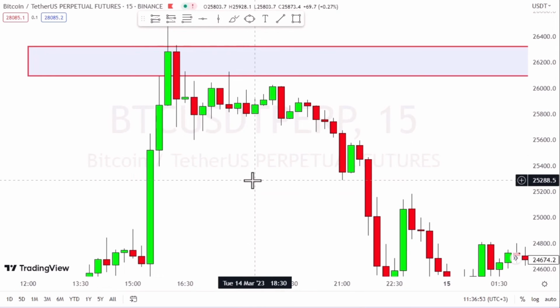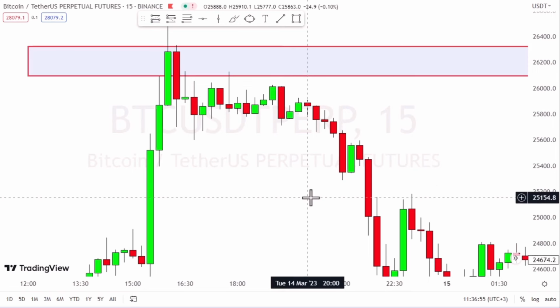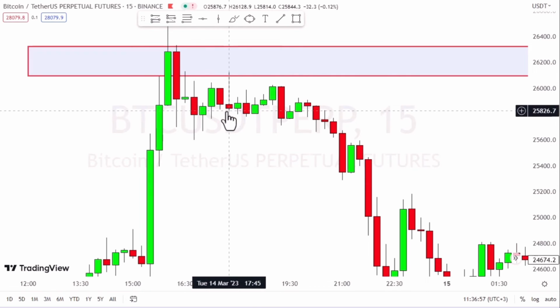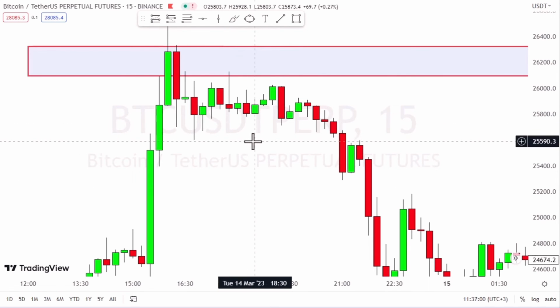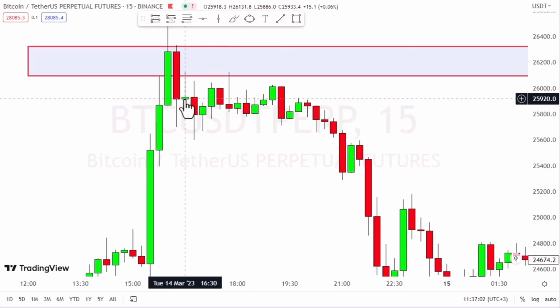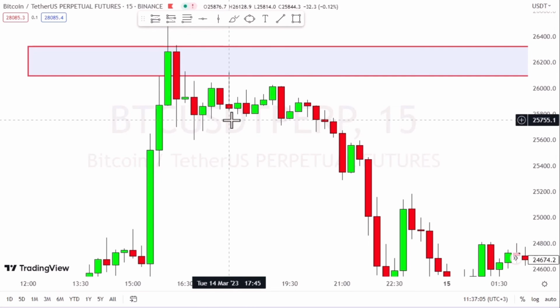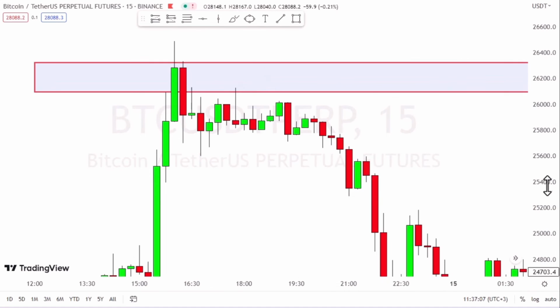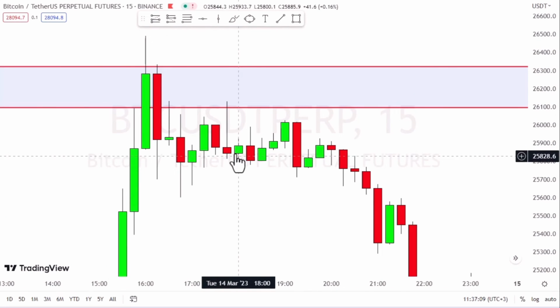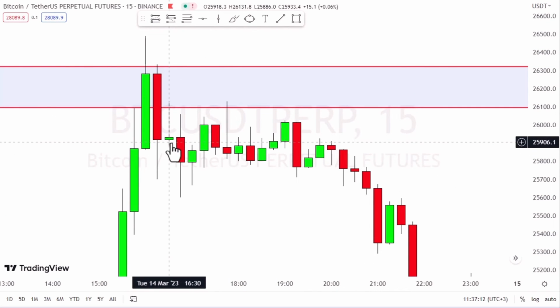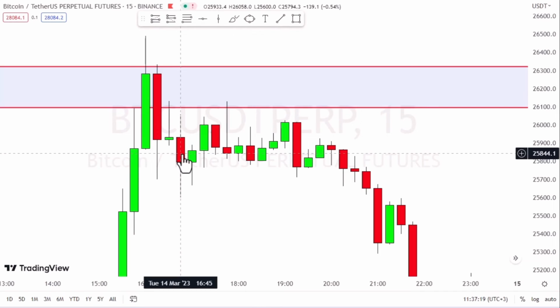Well, the next one I want to tell you about is the gravestone doji. It's exactly like the shooting star, but the only difference is that the body is so small or almost not there. So, let's zoom in. This is the shooting star, and this little guy here is the gravestone doji, but the names are really not important.